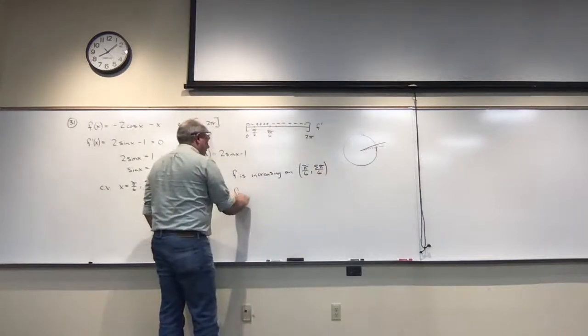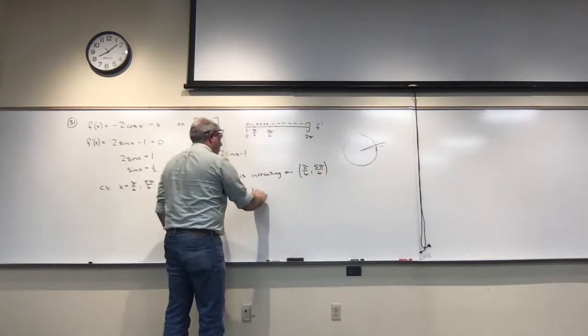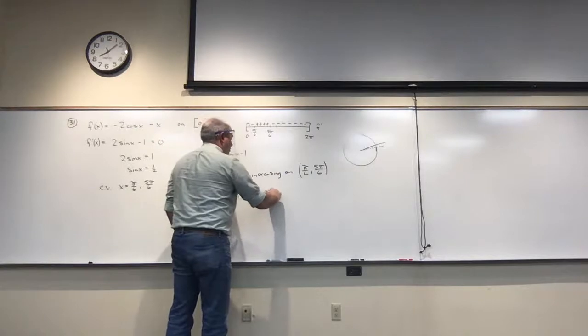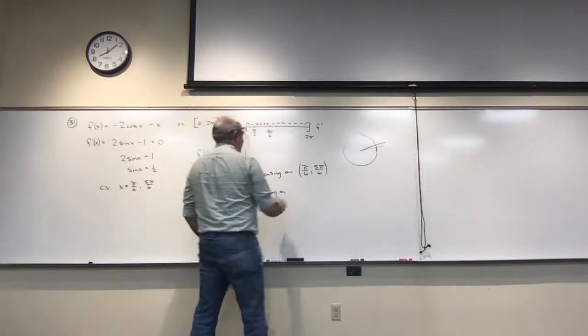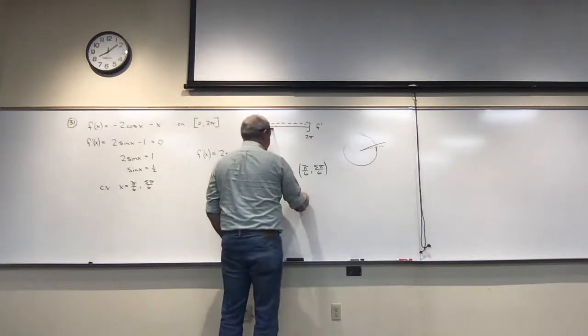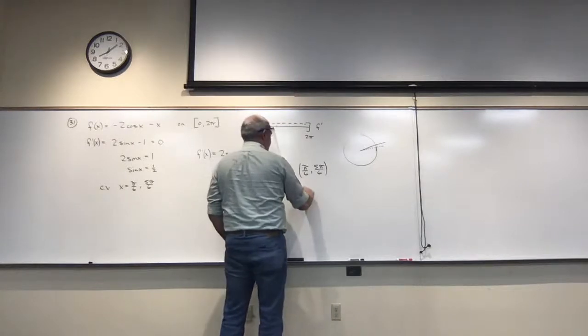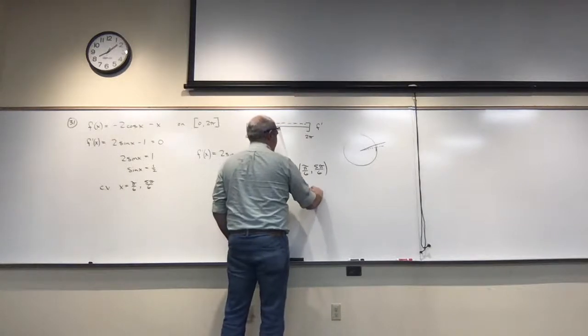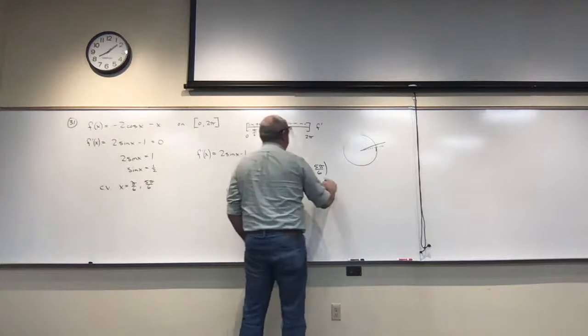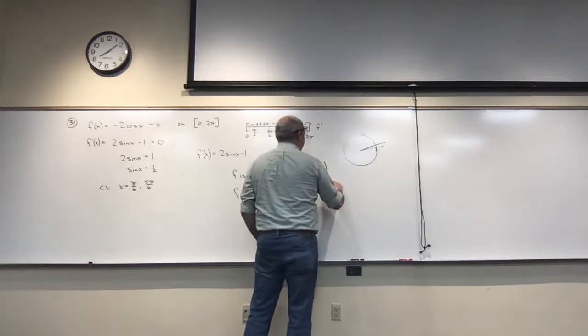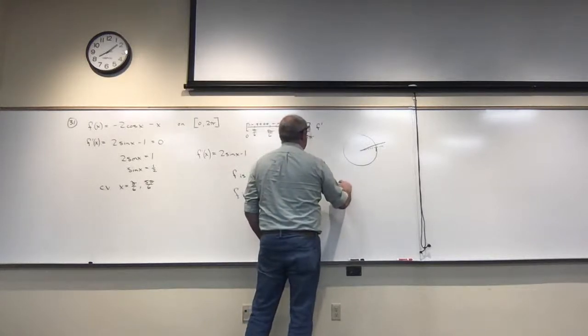And F is decreasing on the interval from 0 to pi over 6 and from 5 pi over 6 to 2 pi.